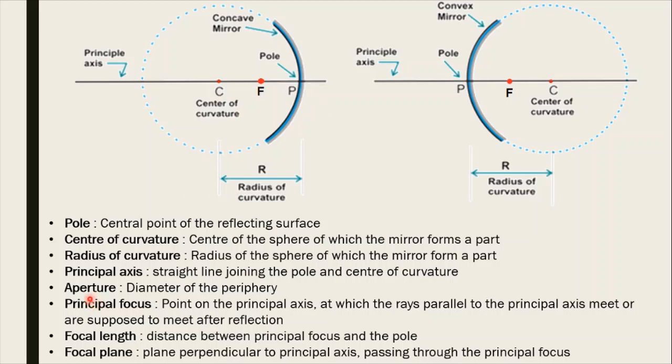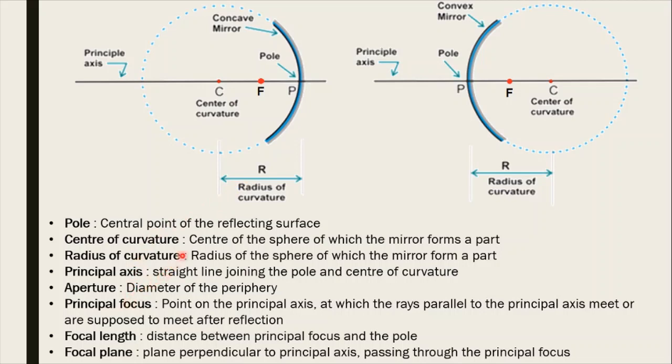Next is aperture. The diameter of the periphery of the mirror is called aperture. Over here, if I join the two endpoints of this mirror, this diameter is going to be called the aperture. Principal focus.